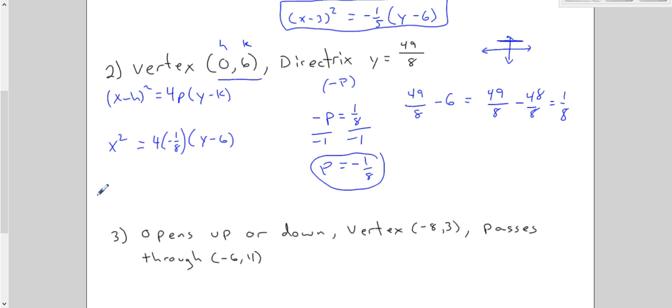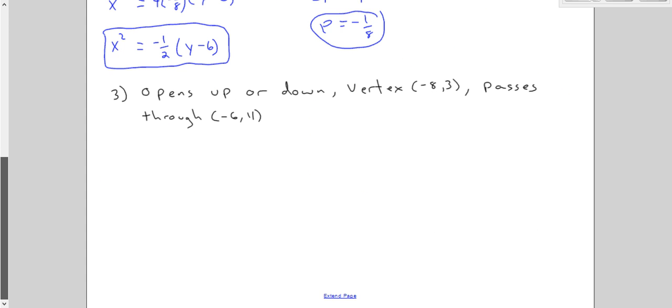Multiply 4 times -1/8, I will get x squared equals -1/2 times y minus 6. And that is my equation.